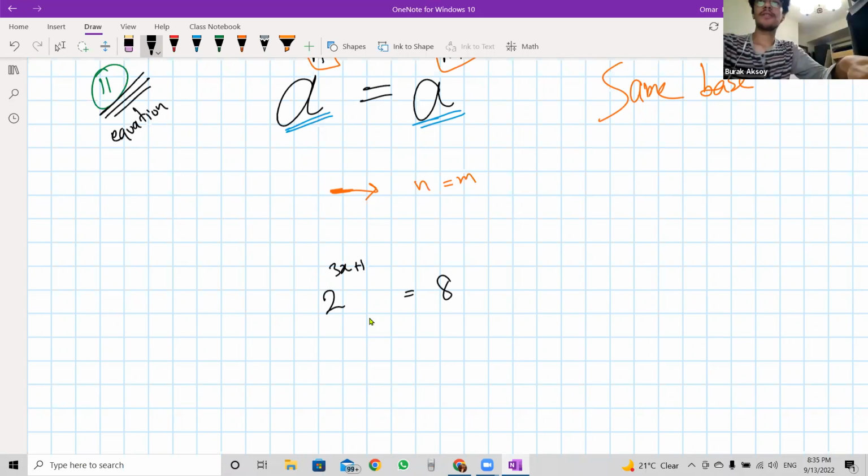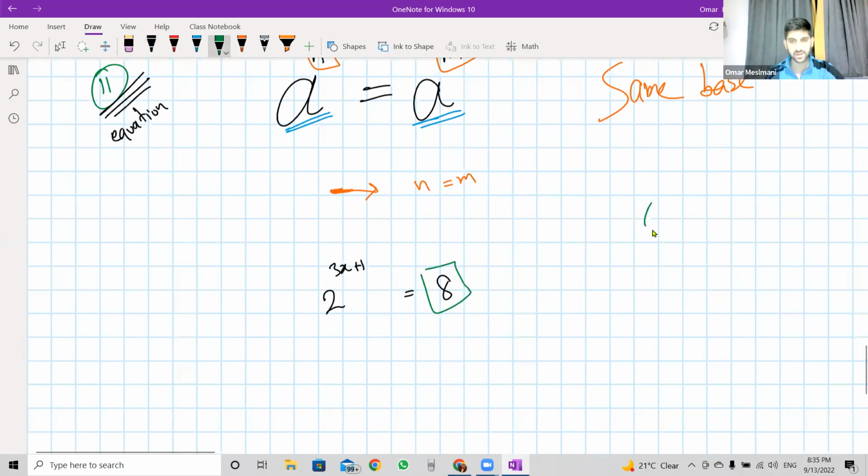It's 2 to the power of 3 is equal to 2 to the power of 3x plus 1. Exactly. Look at what he said, Mr. Burak. I will take this 8, and instead of writing 8, can I say that 8 is 2 times 2 times 2, as 2 to the power 3?